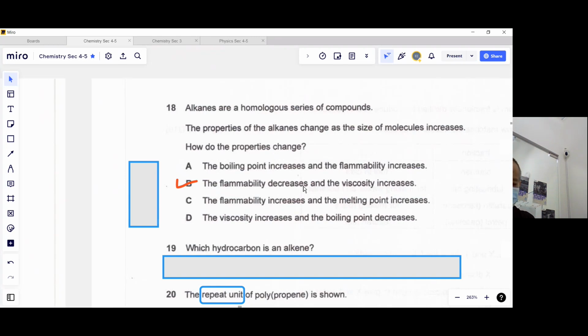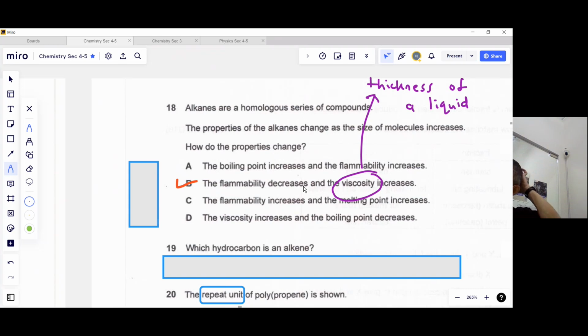Okay, guys, I think it's about time I must tell you what is viscosity. Can you write down viscosity somewhere? It refers to the thickness, but it applies mainly to liquids. It comes out often enough, so you should try to remember.